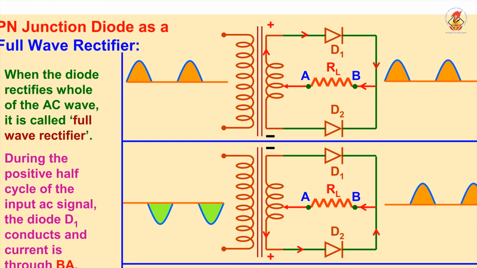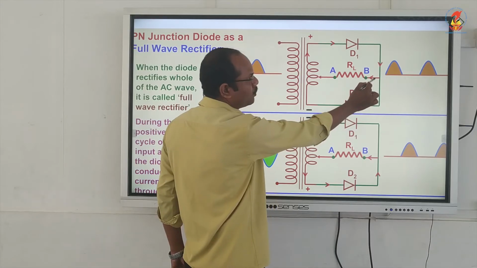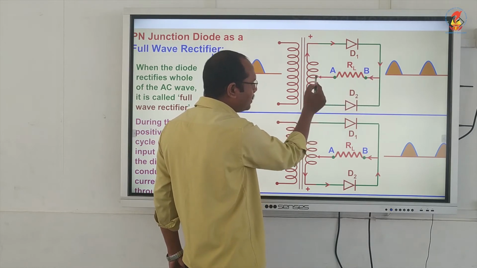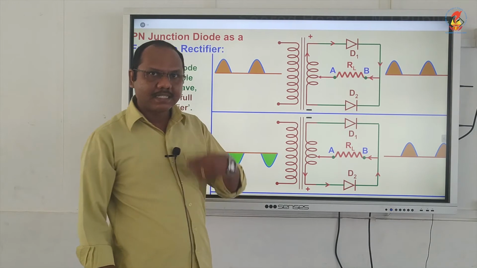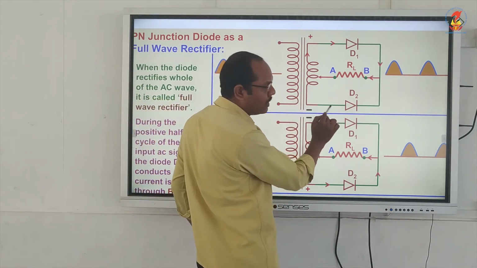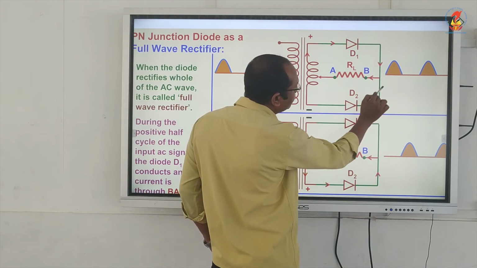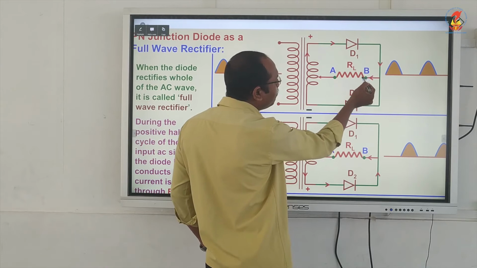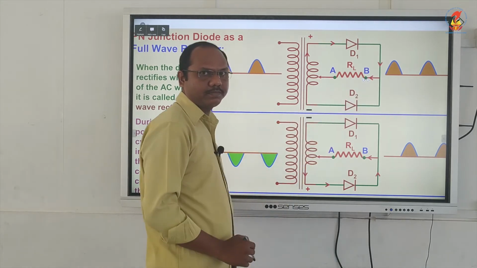If the current flows like this, it comes towards this resistance and it will flow from B to A towards this transformer. Similarly, if the current flows through D2, again it flows like this, goes to B, and from B to A it flows.